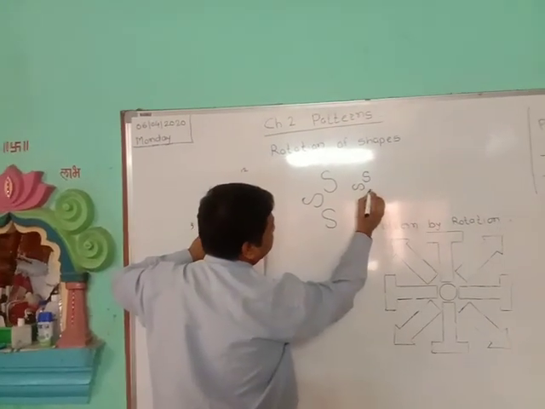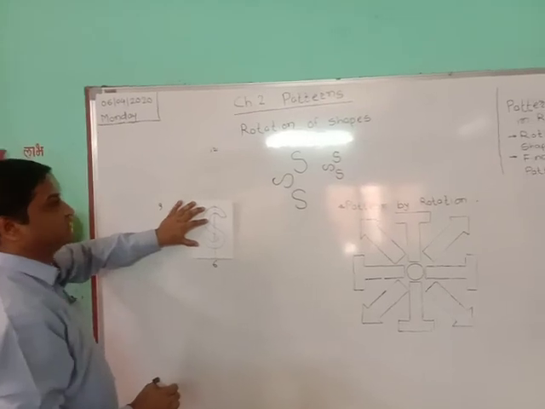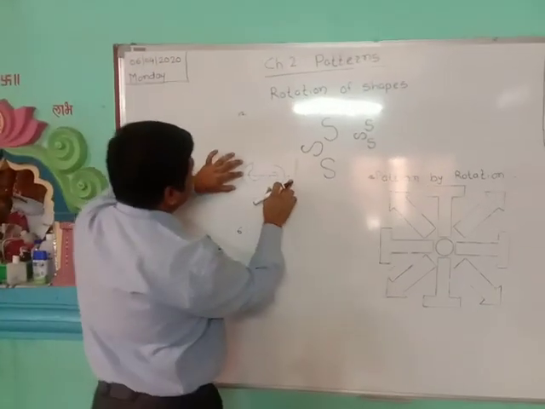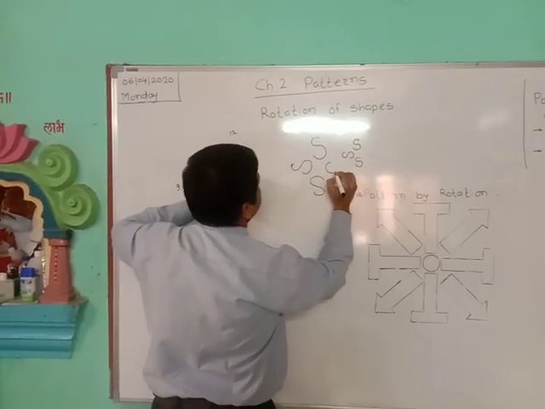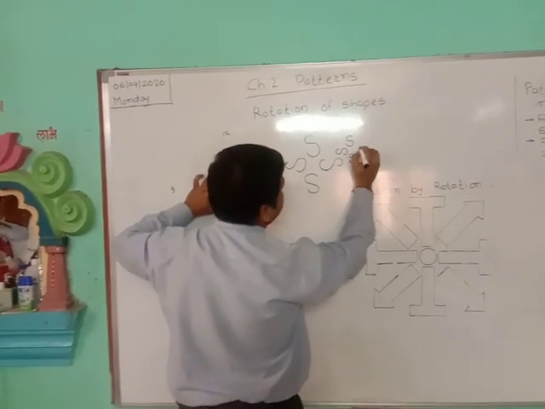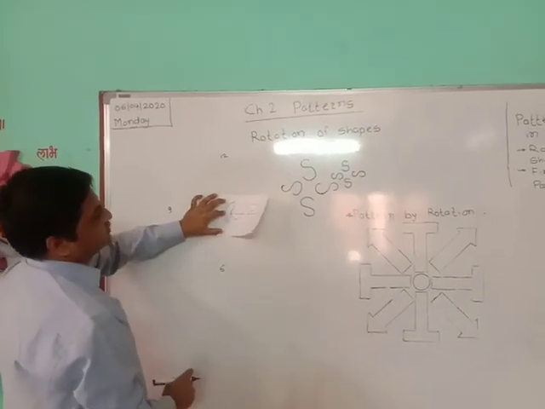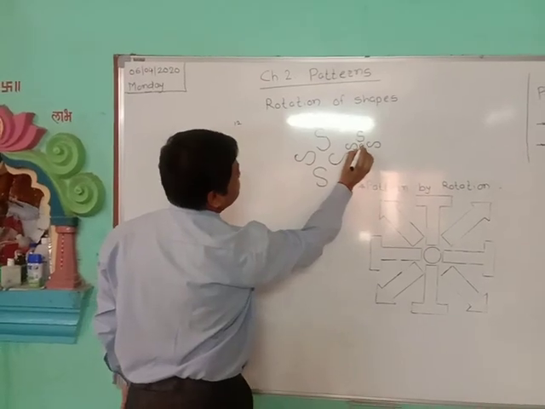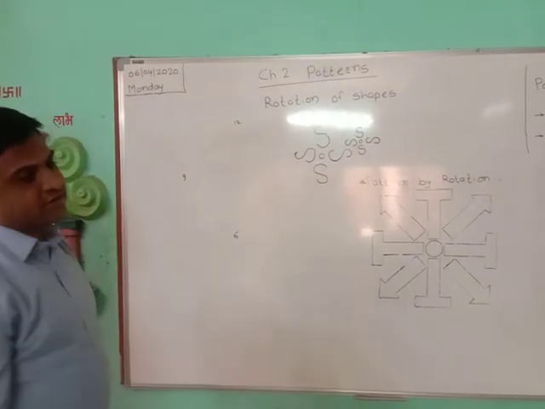If the bottom half and upper half of S are the same, it will give the same symmetry as the original one. Again from 6 to 3, your S looks like this. So again a beautiful pattern is emerging if I just turn S in clockwise direction or anti-clockwise direction.